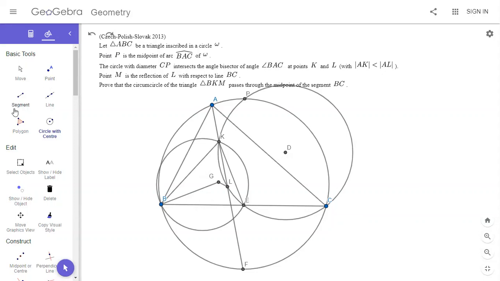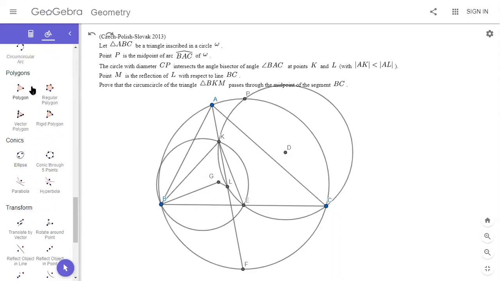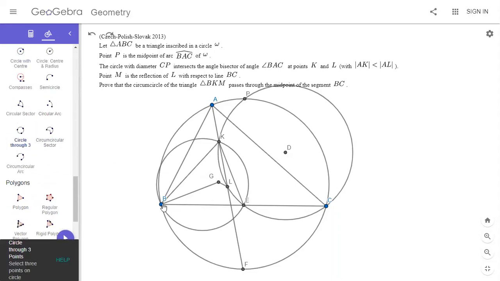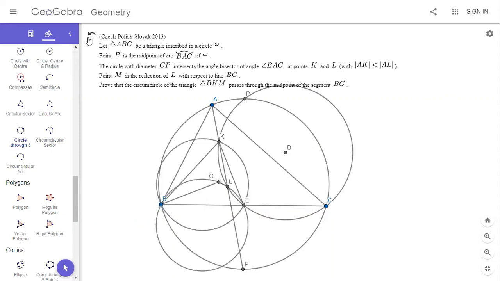There's a couple ways that I'm looking at this. Does F lie on that circle? No. So angle BGE is 180 minus angle BKE, which is angle BKA.